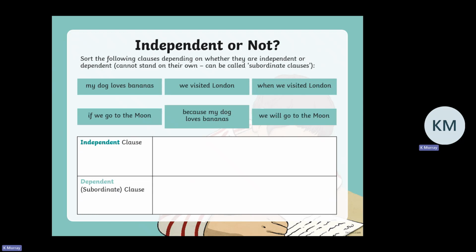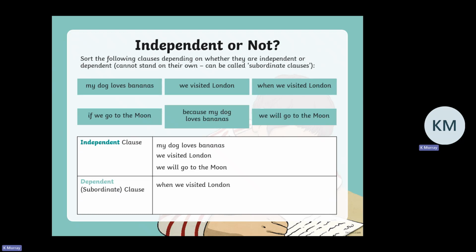So, for example, my dog loves bananas. That's an independent clause. It makes sense in its own right. We visited London. Makes sense? Yes, it does. It's an independent clause. When we visited London, does that make sense on its own? No, it needs more. We will go to the moon does make sense on its own. When we visited London needs more information. It doesn't stand alone.